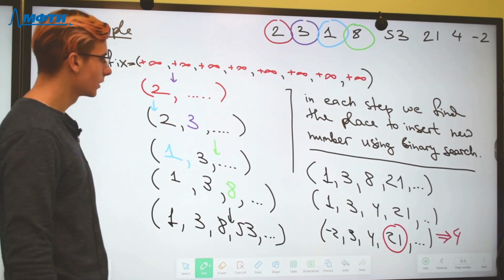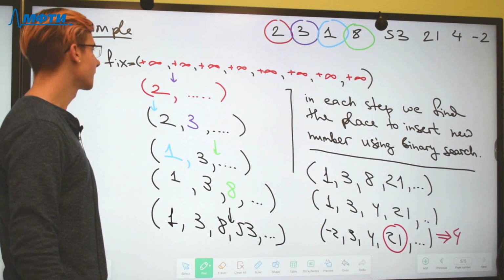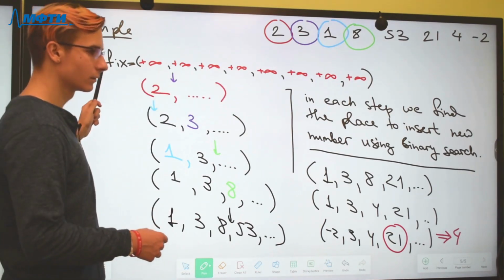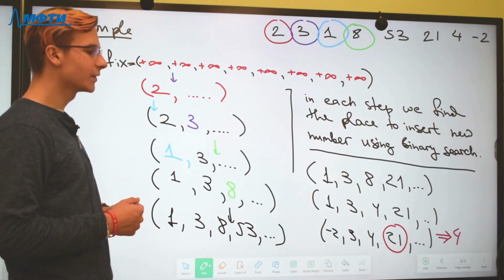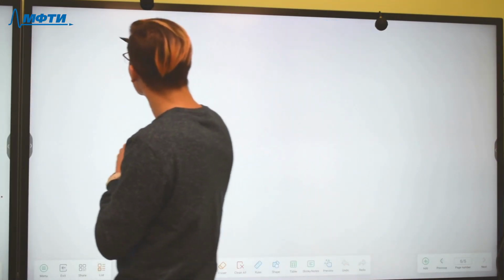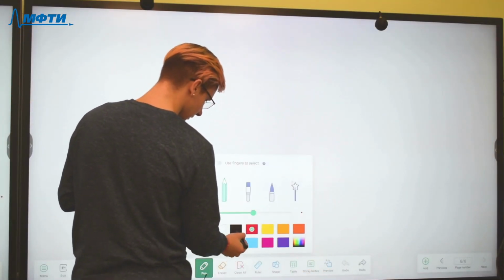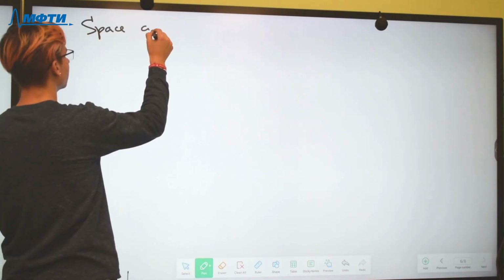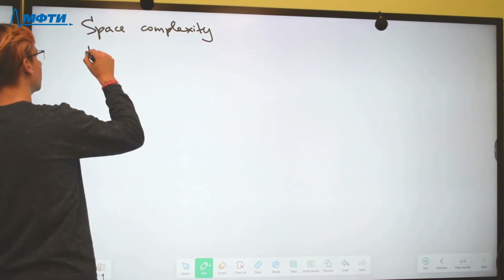No, it's equal to O of n because we spend only O of n on this array. But as you see, time complexity.